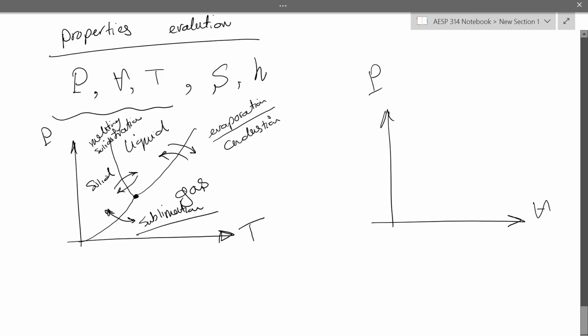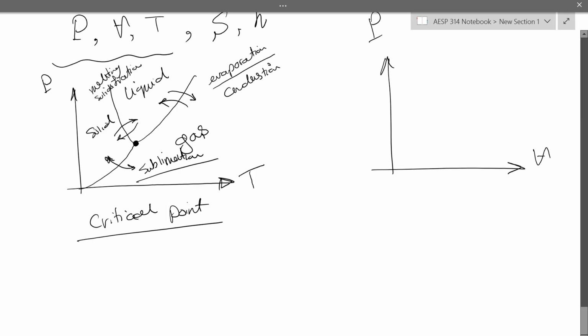What is this point here that connects all the three boundaries together? The solid-liquid boundary, the gas-liquid boundary, and the solid-gas boundary. What do we call this point? Critical point, exactly. And what is the importance of this point?